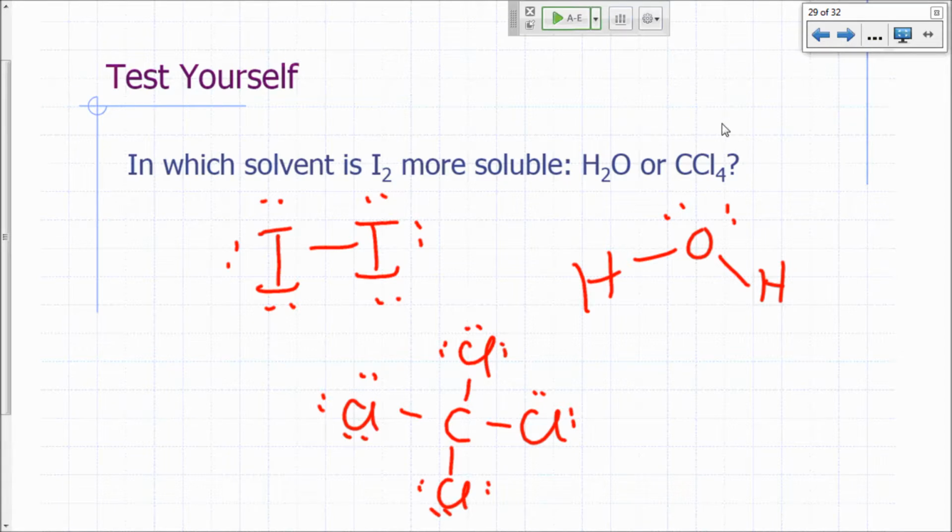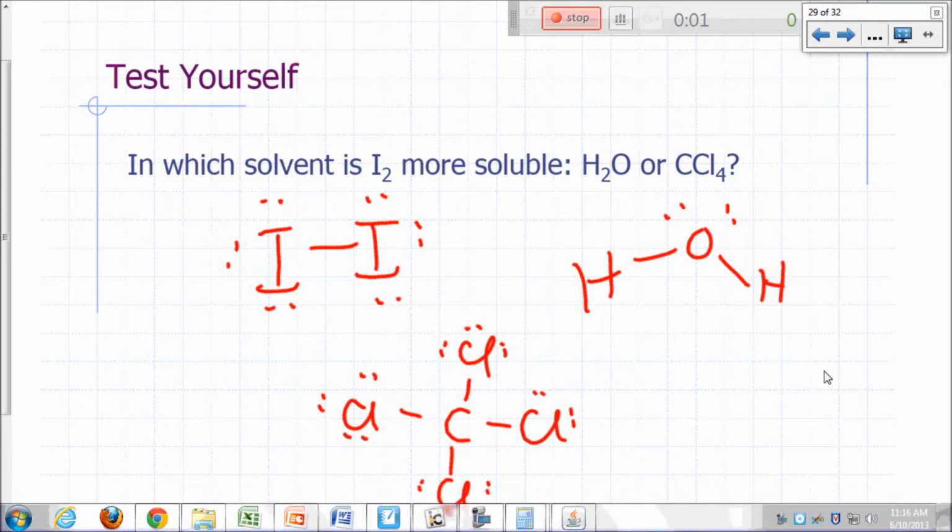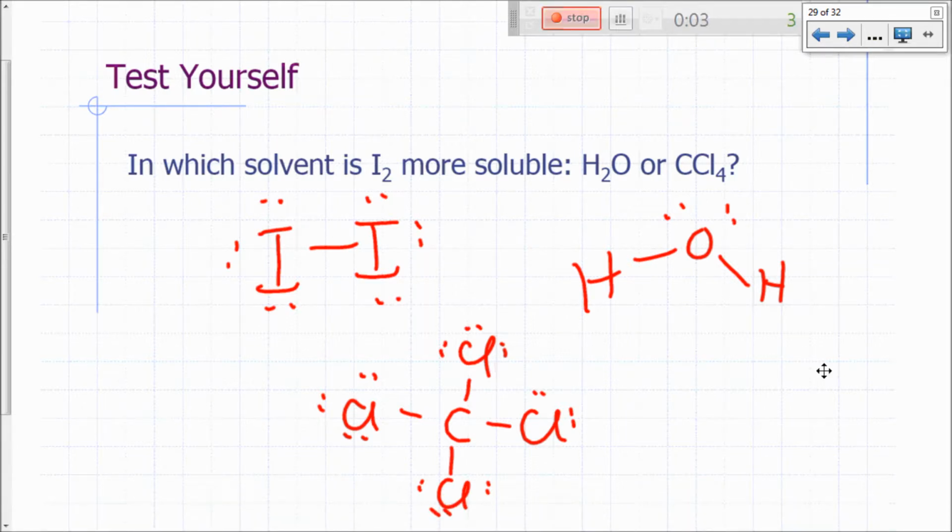In which solvent is iodine more soluble, H2O or CCl4, A or B? Remember the rule, like dissolves like.